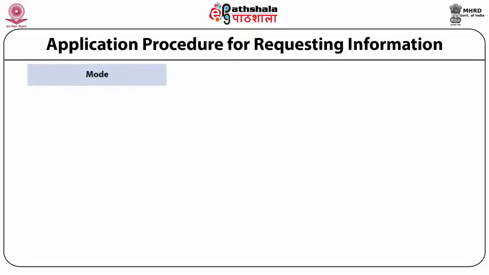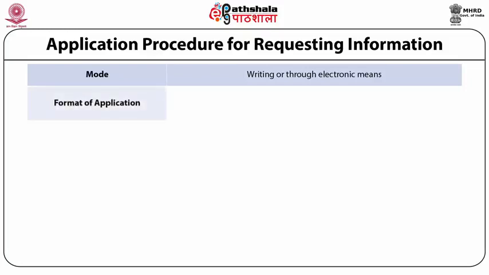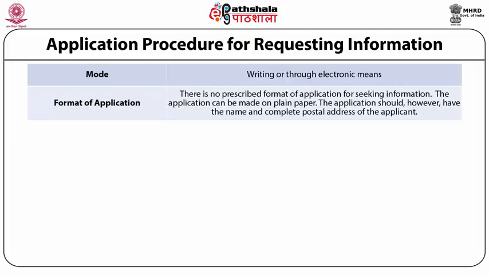Mode: the RTI can be claimed in writing or through electronic means. As for the format of application, there is no prescribed format of application for seeking information. The application can be made on plain paper. The applications should, however, have the name and complete postal address of the applicant.